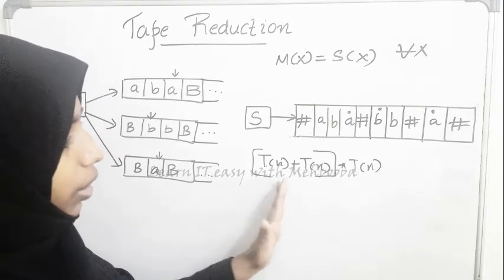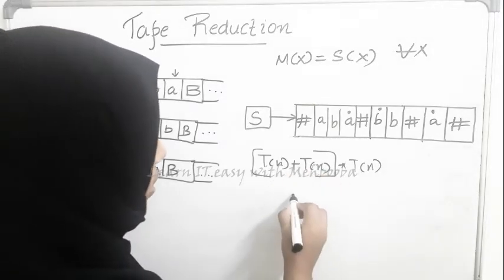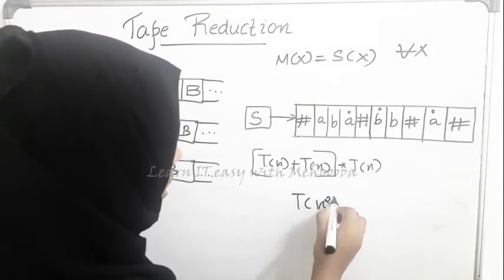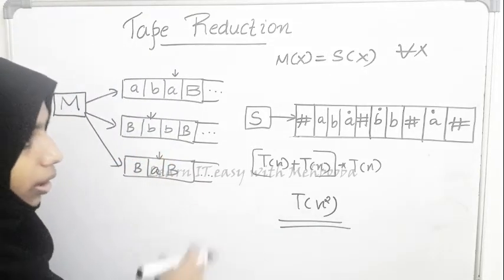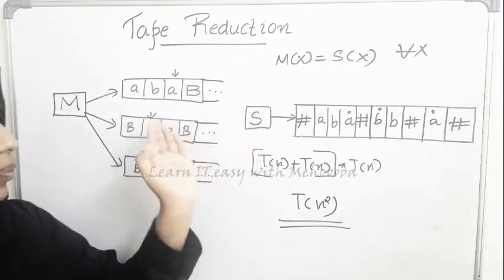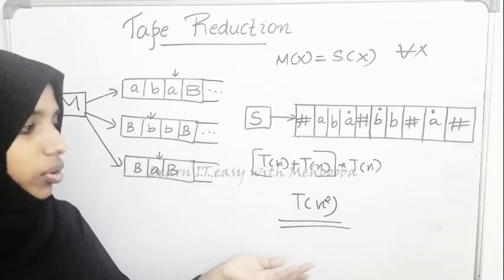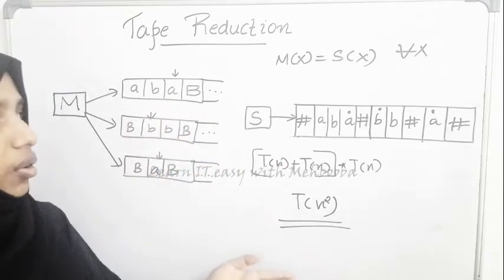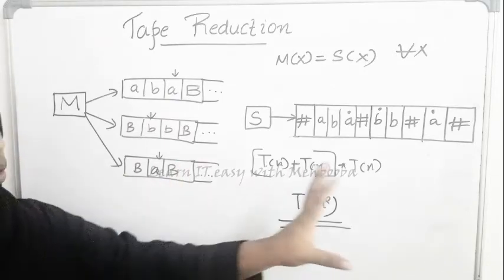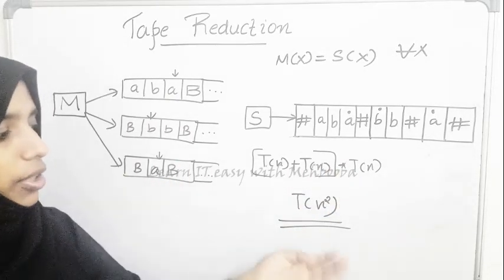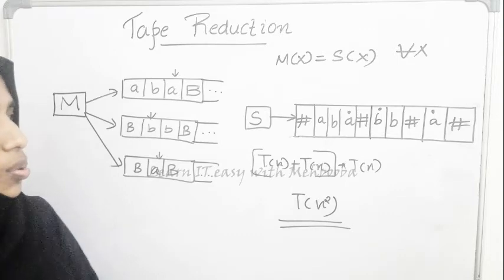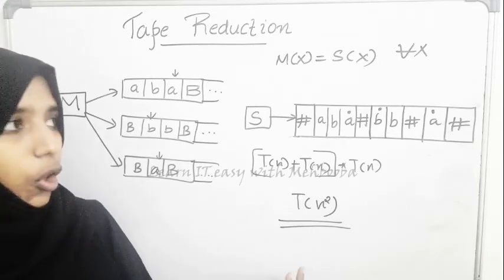So T of n plus T of n into T of n, that is T of n squared, is the time complexity this will take to simulate this. That is again polynomial time, so that is not a big issue. So we can always simulate a multi-tape Turing machine on a single tape Turing machine in T of n squared time. That is, we can do that in polynomial time itself.